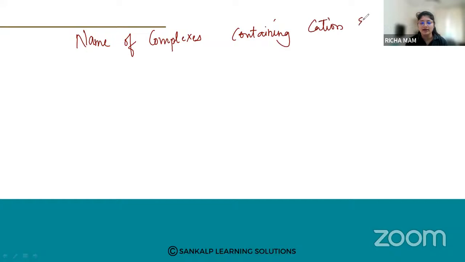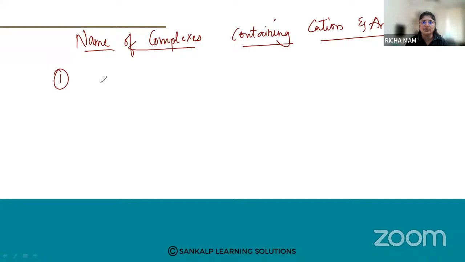So, names of the complexes containing both cation and anion. In the same complex, when you have cation and anion, the names of the cation and anion are written without any gap.